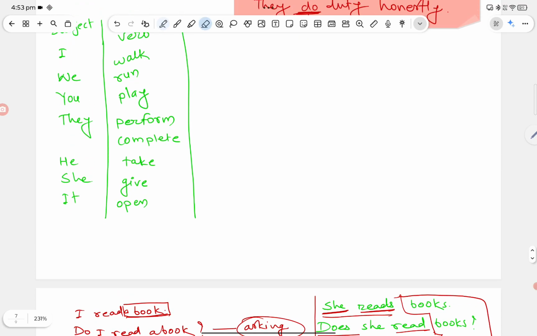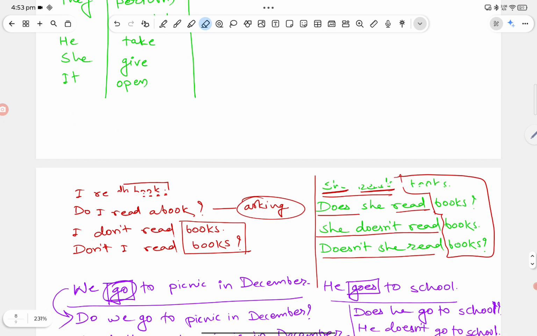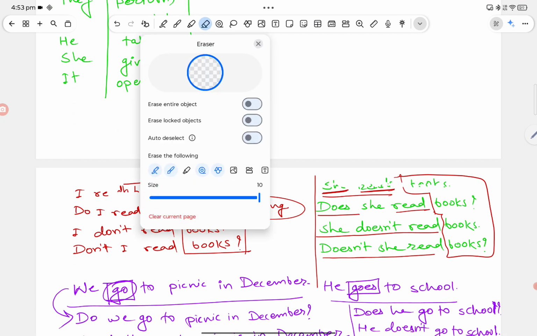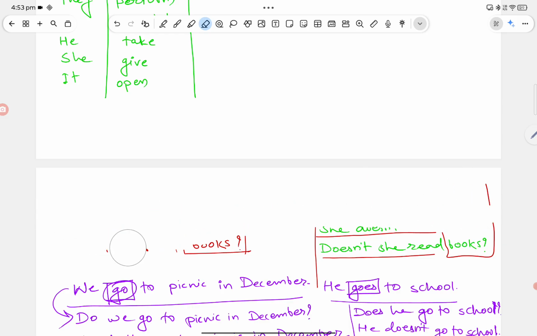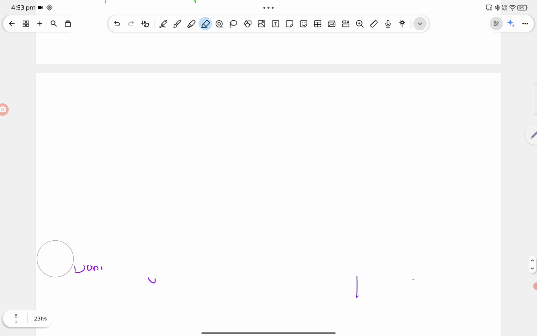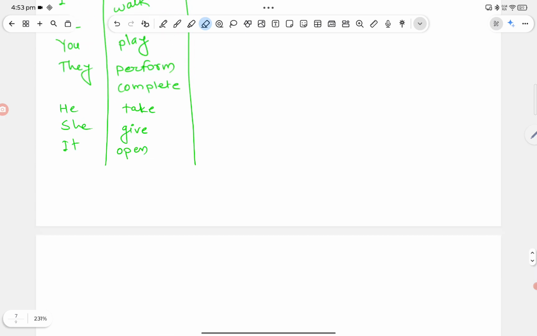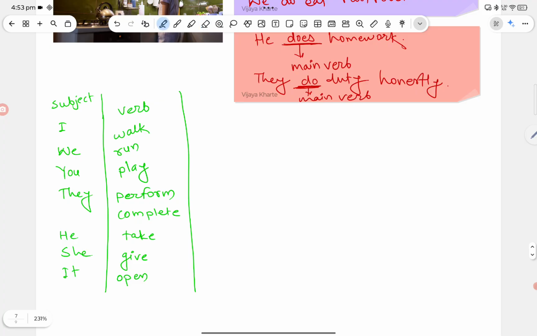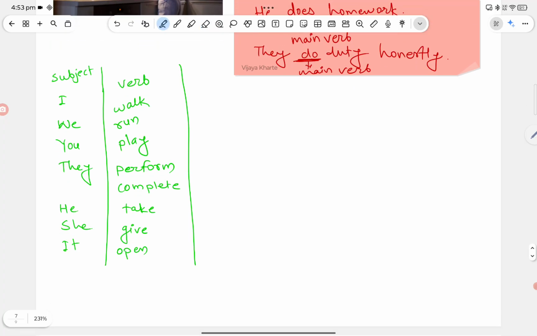Here some previous sentences are there. Let me erase. Yes. Now let us see. We'll use this subject and we'll use walk.